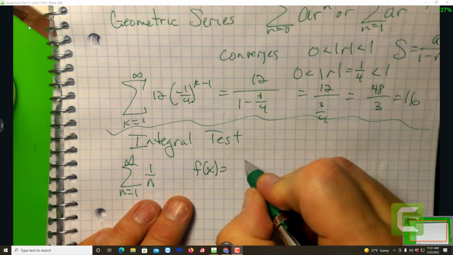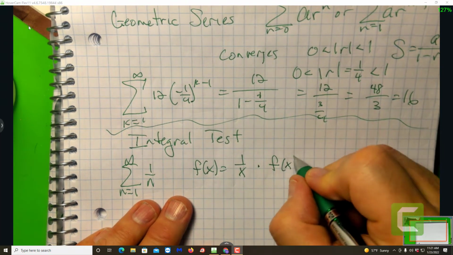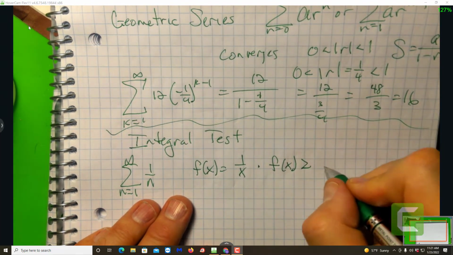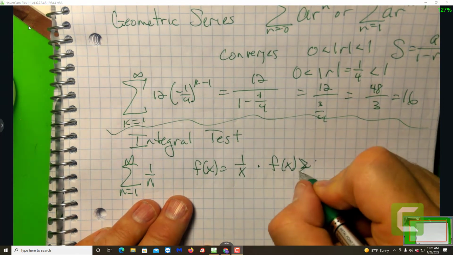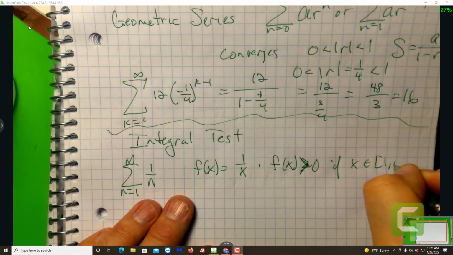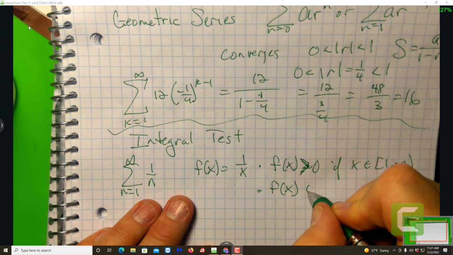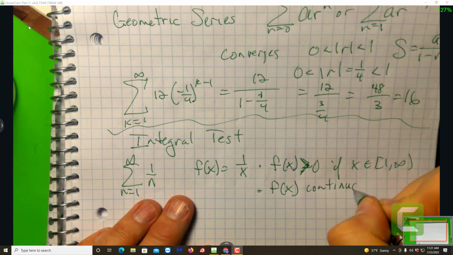f of x is 1 over x. f of x is positive if x is an element of 1 to infinity. It's continuous, because you're not dividing by 0 on that interval.